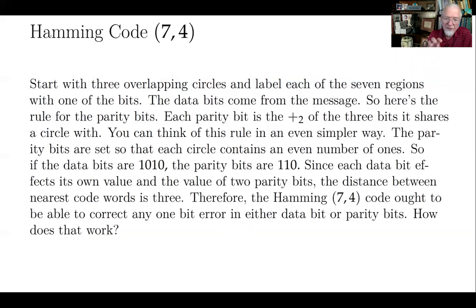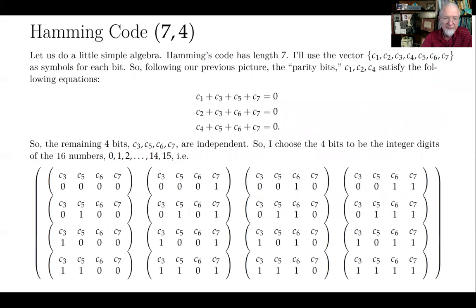Now, you can use this and you can correct it, but it's hard to do it with pictures. So I'm going to switch to equations. All right, so we'll do some simple algebra. And I have to apologize. These should have subscript 2s on all the pluses. That's a typo.